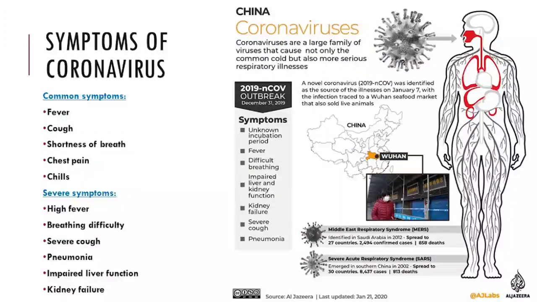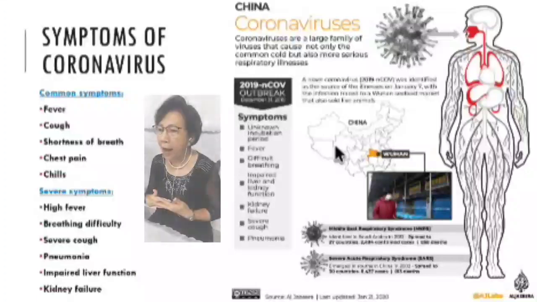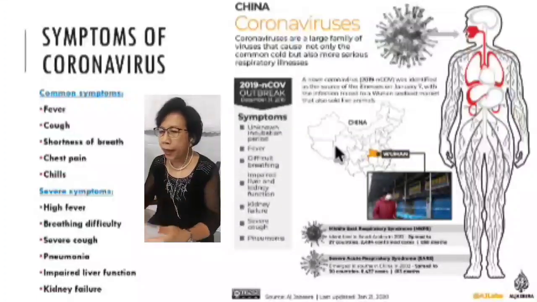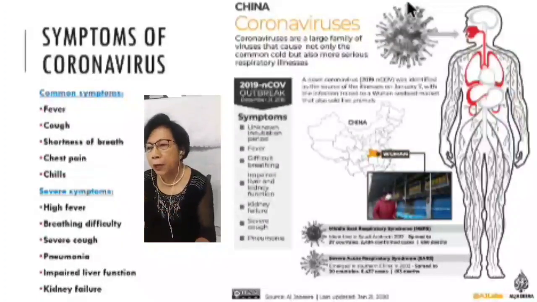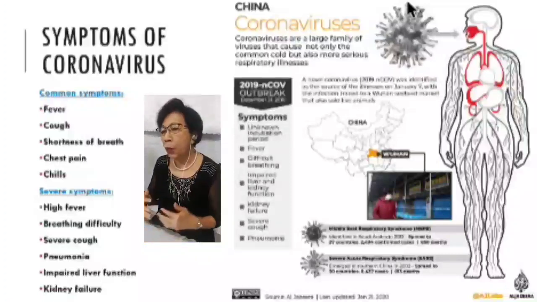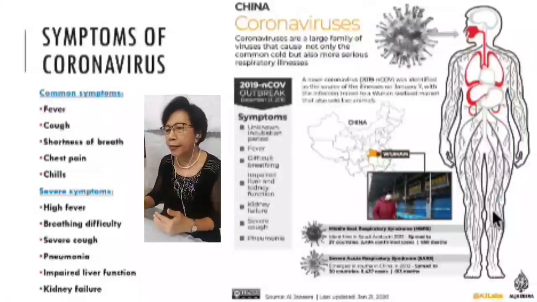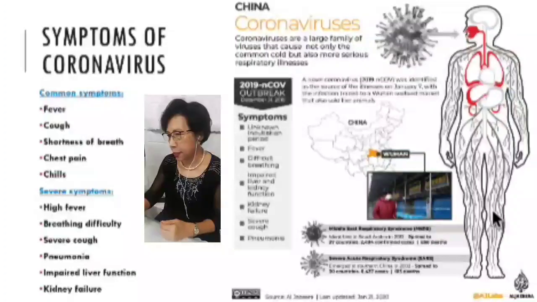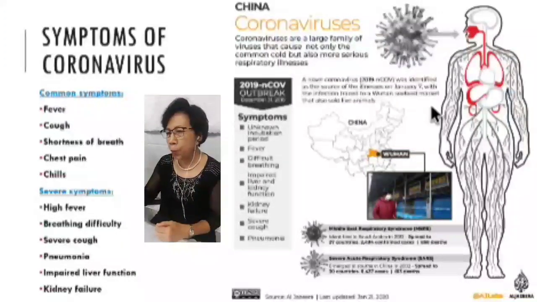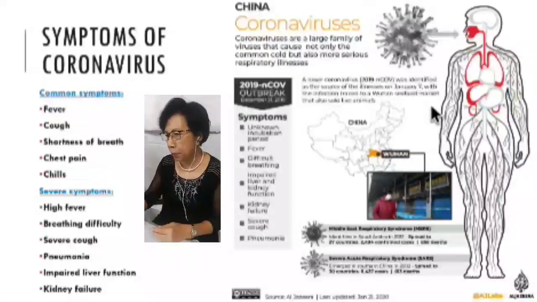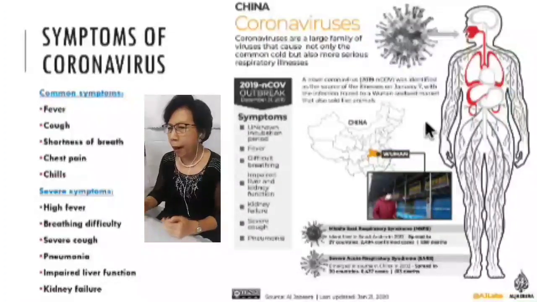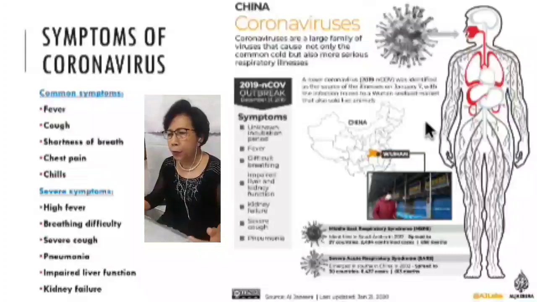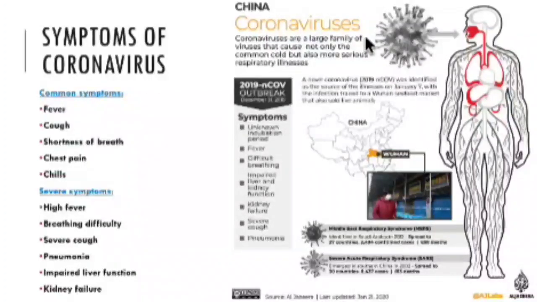When we don't have symptoms, but we are carrying the virus, and we come in contact with someone who has a weak immune system, or people who are at risk, for example, people with diabetes, heart problems, elderly people, and children, they are the target groups that may catch the virus from you.